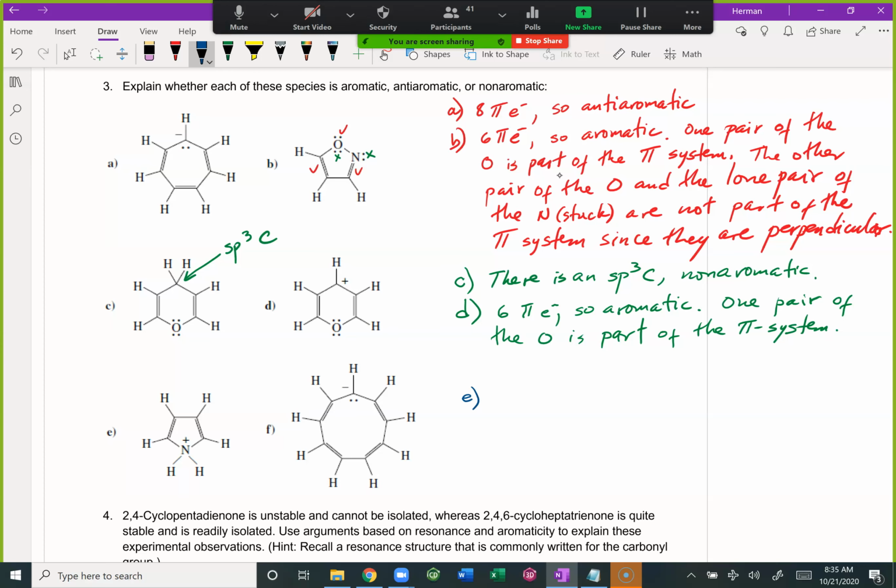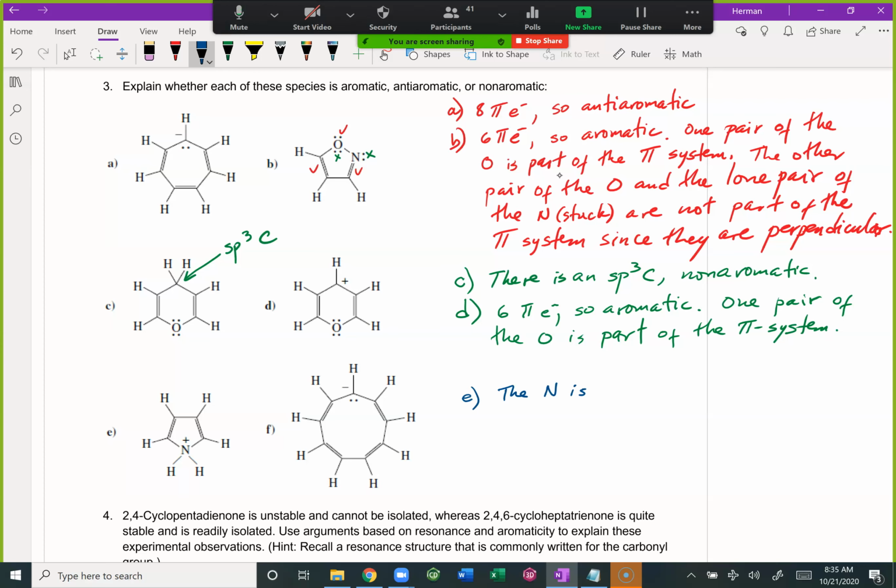Would it be non-aromatic? Yes, it is correct. Why is that? Because of the sp3 carbon. The sp3 what? Nitrogen, yes, sorry. Yeah, the other carbon, right? Yeah, the nitrogen. Very good.